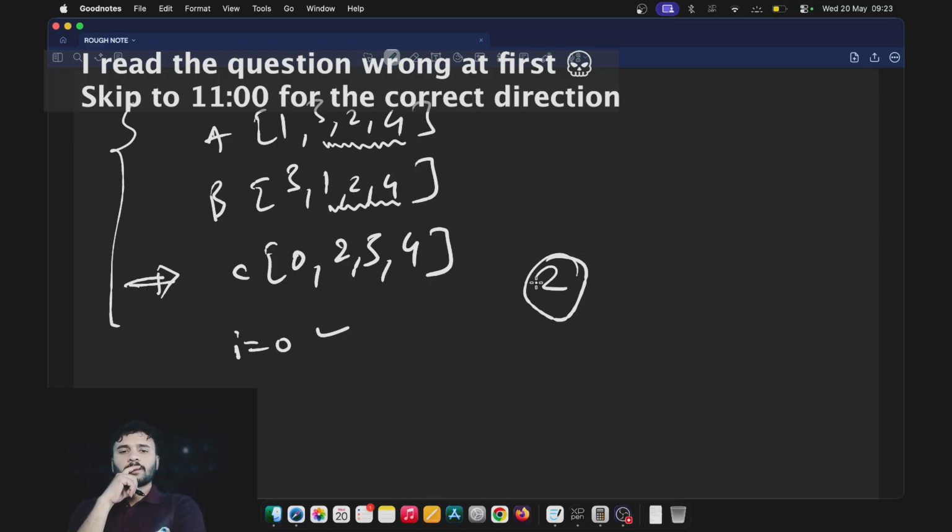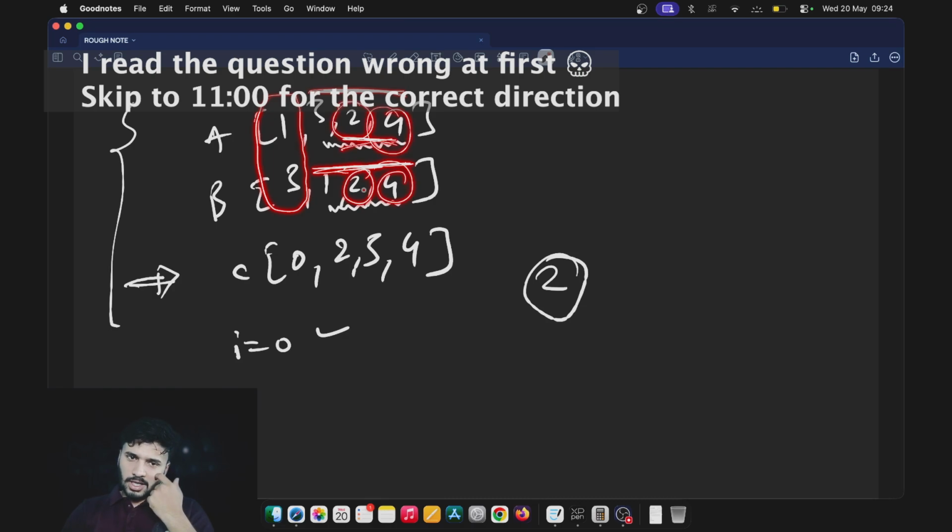If I'm targeting this index, let me think about this. So I'm targeting this index, and these are the after part, and you can see this matches this, and this matches this. So we have two elements, but the answer is 0. Probably it's stating the before stuff.